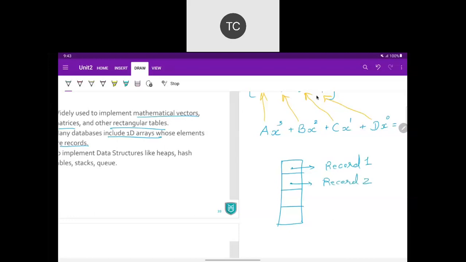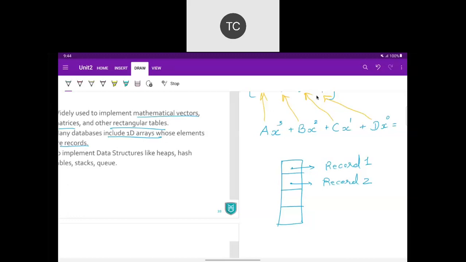Now definitely entire record cannot be stored in a single element of array. Why not? Array is having homogeneous data items, and entire record is not a single entity. It has multiple members.